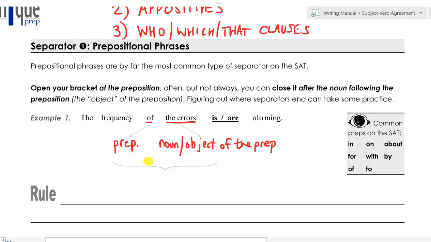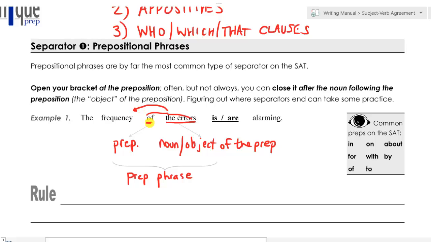And the "of the errors" together, the preposition and the noun after the preposition, is known as a prep phrase. Now, what do prep phrases do? What prep phrases do is they add detail to things in the sentence. So this phrase right here is basically answering the question, what frequency are we talking about? We're talking about the frequency of the errors.